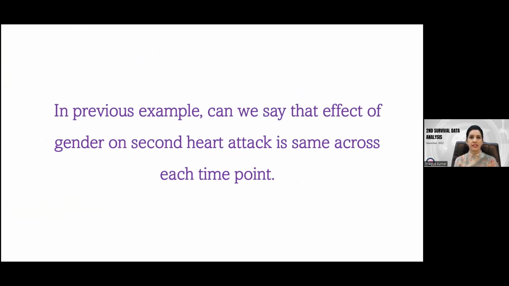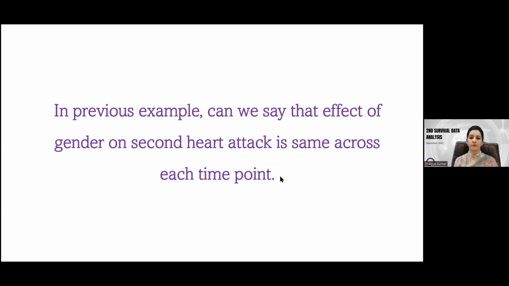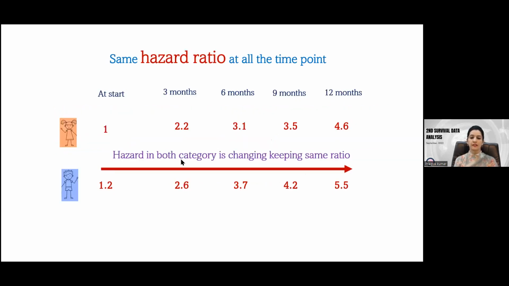So in the previous example, we can say that the effect of gender on second heart attack is the same across each time point. Can I say that, even if you don't understand the hazard ratio for now, the odds ratio, since it is constant at 1.2? Although the hazard in both the categories is changing, it is keeping the same ratio.